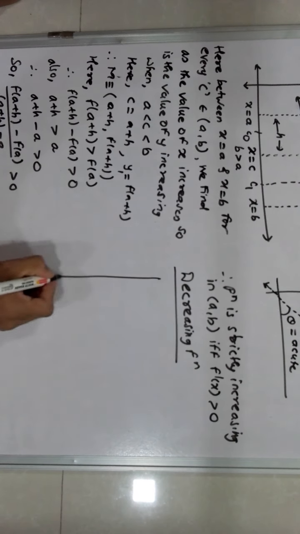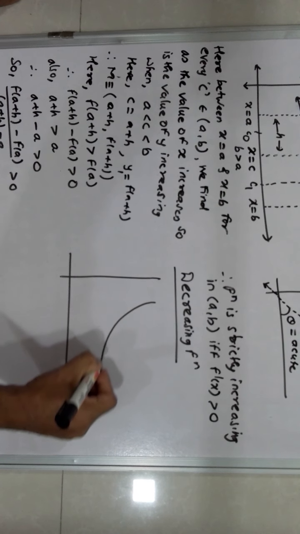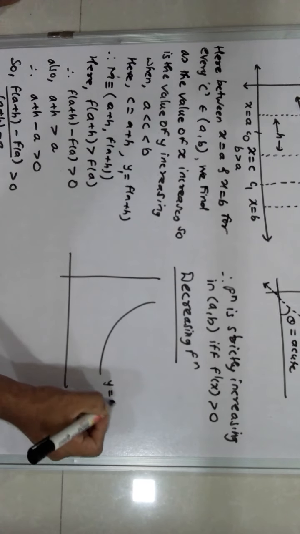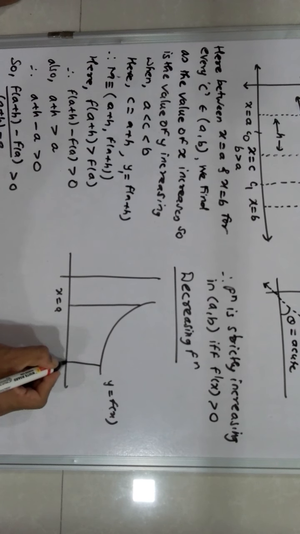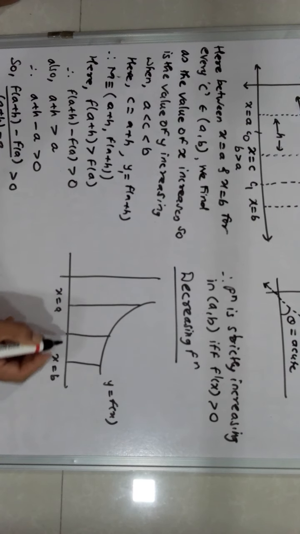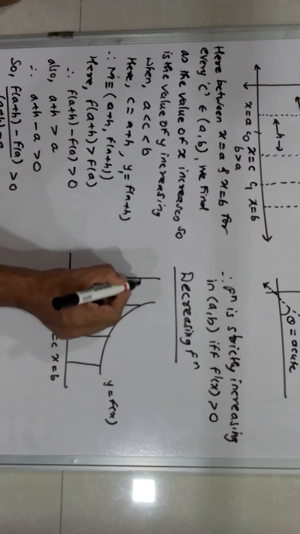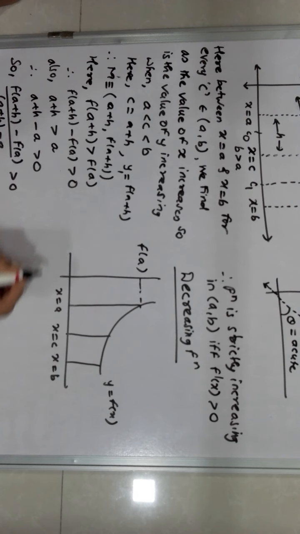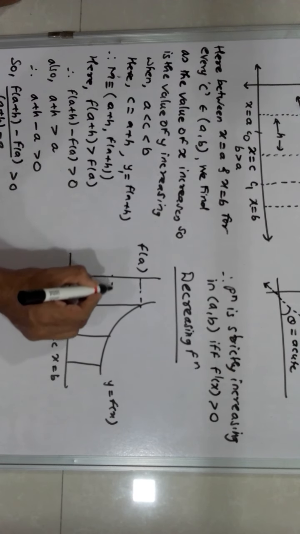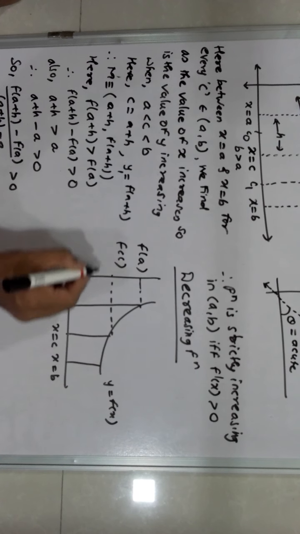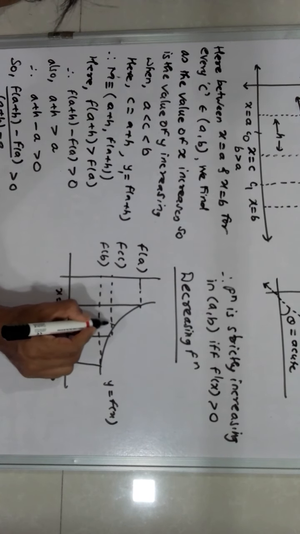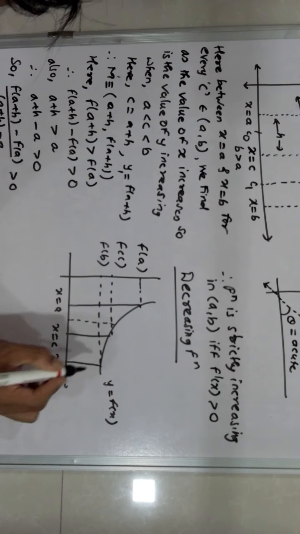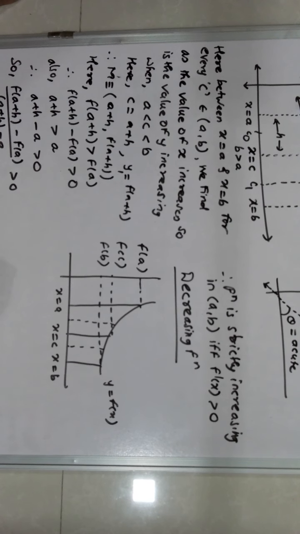So let me draw a graph. Suppose this is the graph, which is again defined as y is equal to function of x, and same thing here, this is x is equal to A, and this is your x is equal to B. This is any point x is equal to C. Now you can see here, this is your function of A, this is your function of C, and this is your function of B. Now if I take any point over here in the smallest neighborhood of C, you have already seen, this is your C0 and this is your C1.